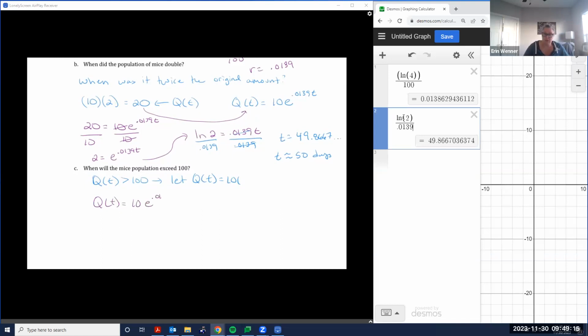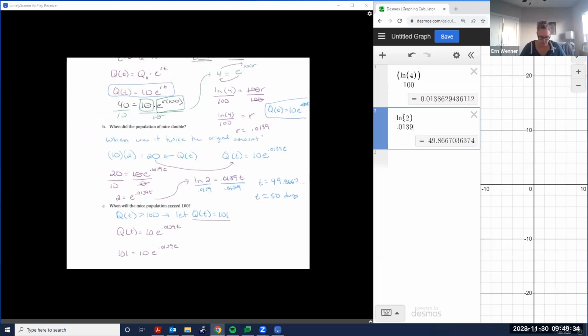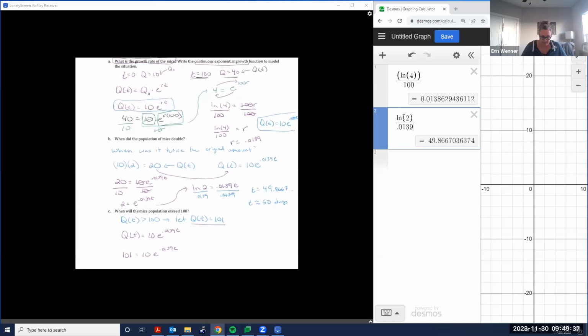So if we're letting Q of t, our quantity after a certain period of time, be 101, what we're going to do is plug that 101 in for Q of t and solve. So I want you to think about, again, I'm going to zoom out so you can see what I did in both part A and part B. The steps are exactly the same. I want you to solve for t and let me know what you get in the direct message.